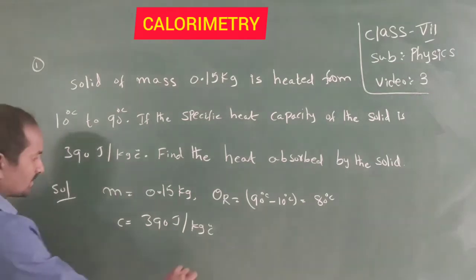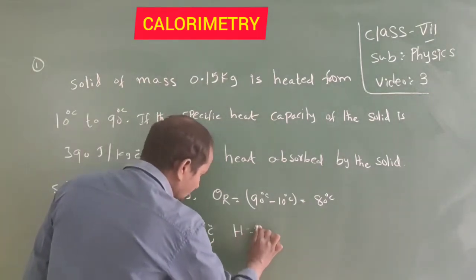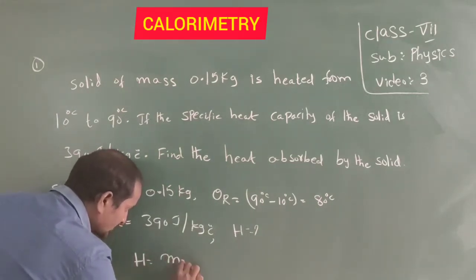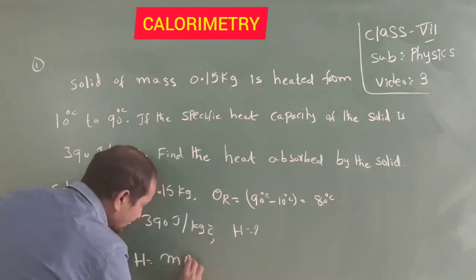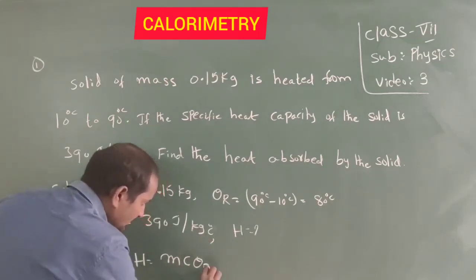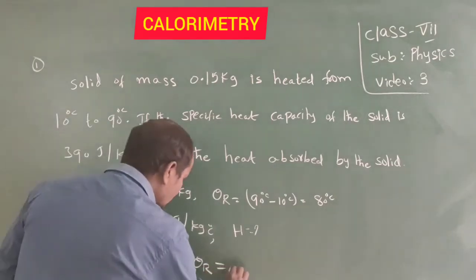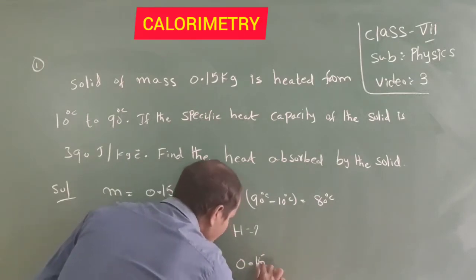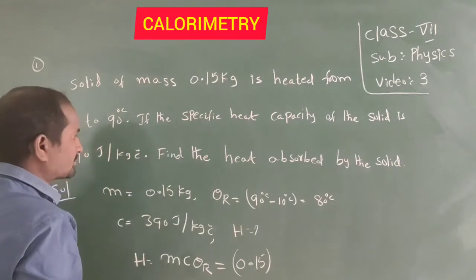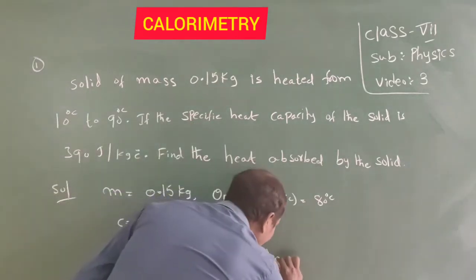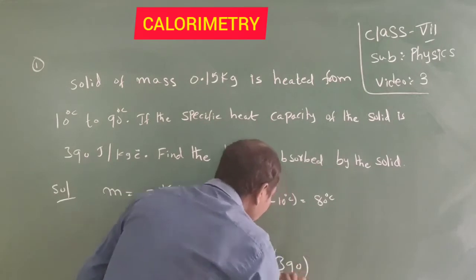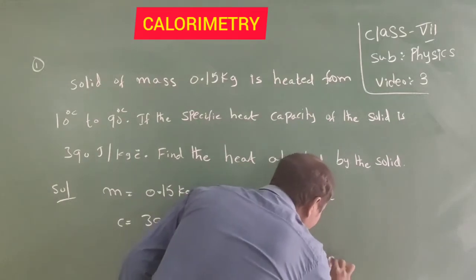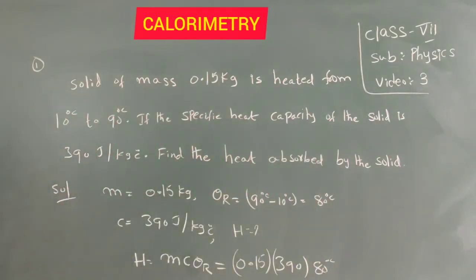Then find heat energy, H equal to how much? So we know that heat energy equal to mass into specific heat capacity into rising temperature, that equal to 0.15 into 390 into 80 degrees Celsius.